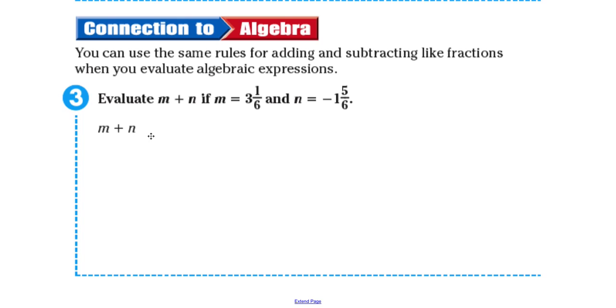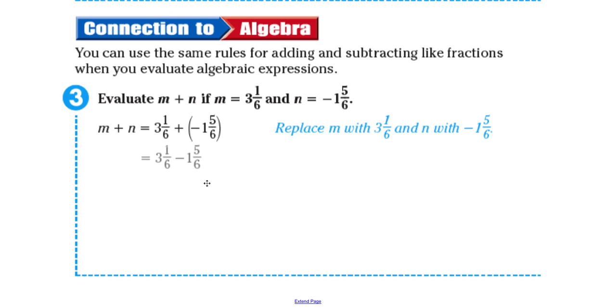So copy the problem m plus n, and then we replace the values of m and n to be 3 and 1/6 and negative 1 and 5 over 6. Okay, and then we take out the parentheses and we simply subtract 3 and 1/6 minus 1 and 5/6.